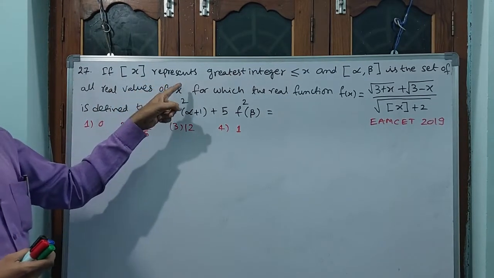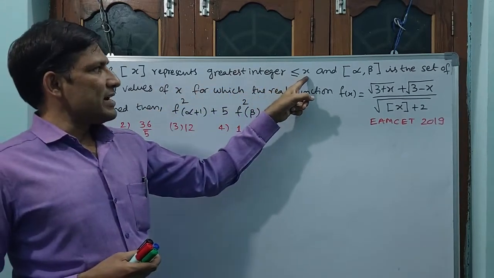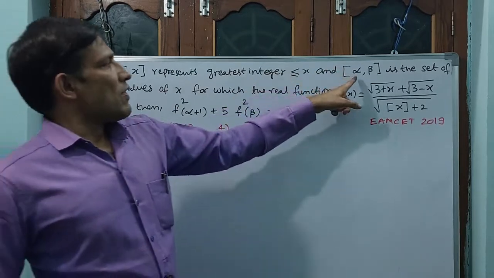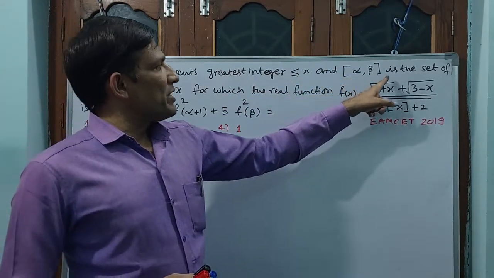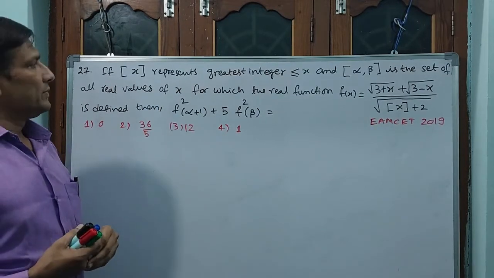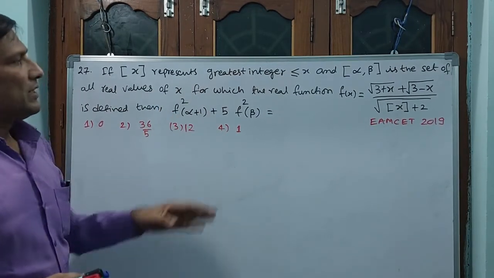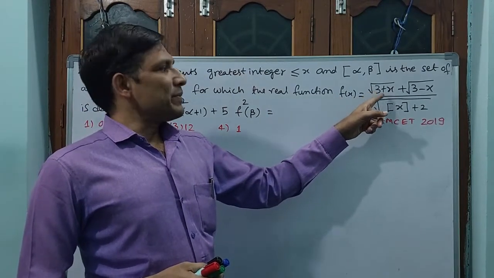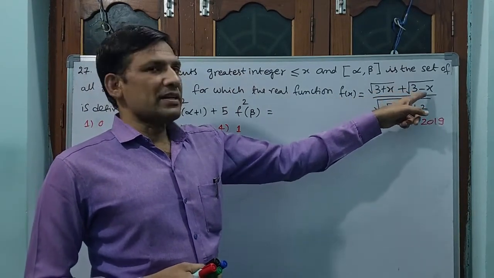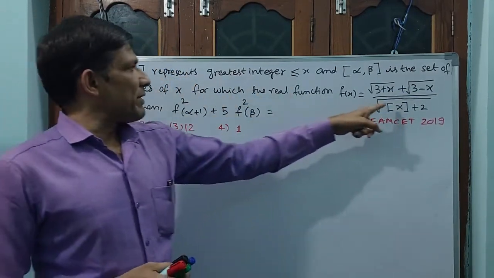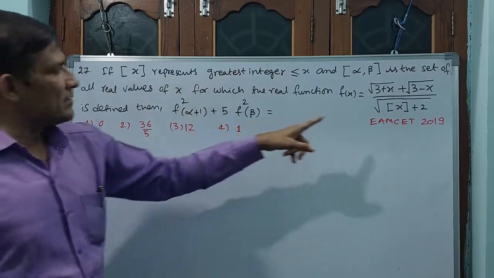Step x represents the greatest integer less than or equal to x, and the closed interval alpha to beta is the set of all real values of x for which the real function f of x is equal to root of 3 plus x plus root of 3 minus x, divided by root of again the greatest integer [x]. Why? Because step x is coming only here.